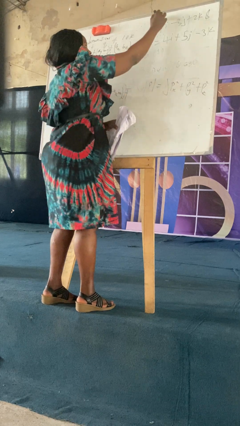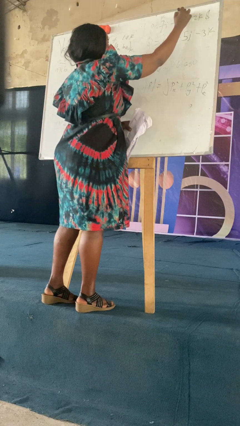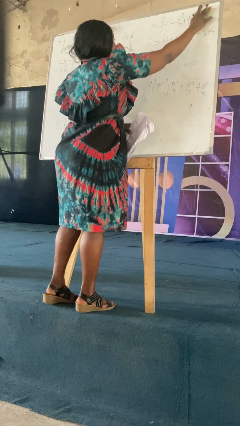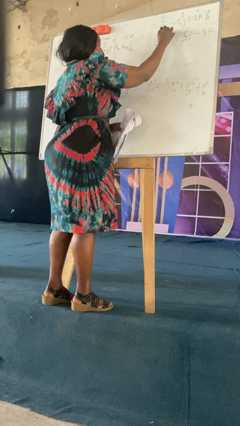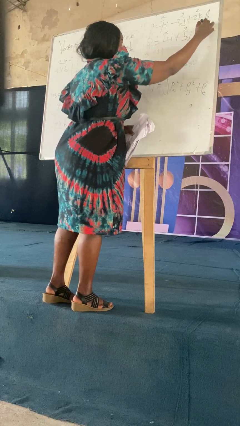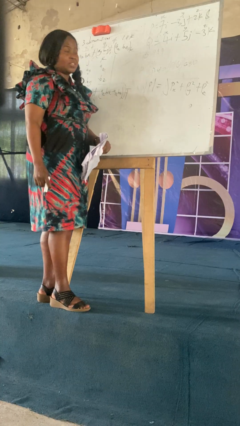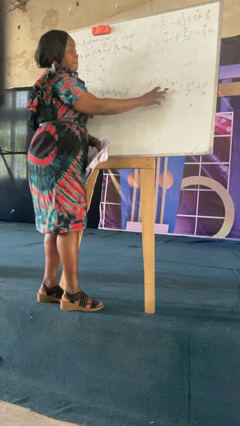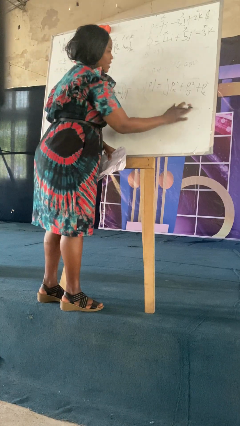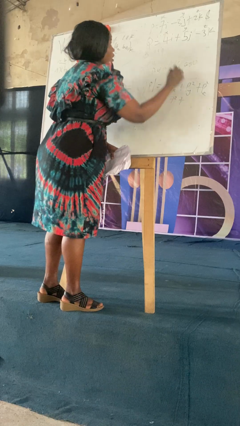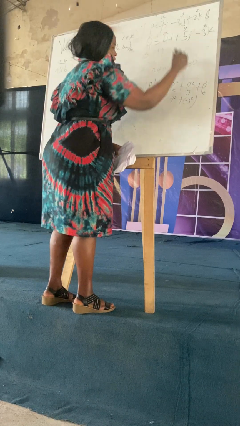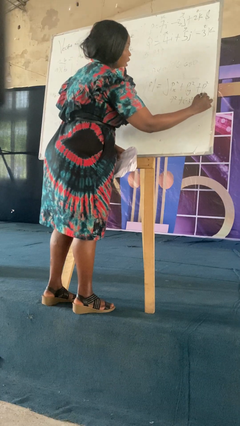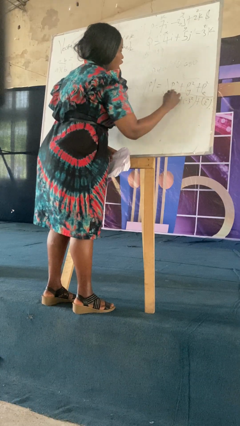This is your X, this is your Y, this is your Z. In order not to forget, you label them like that. Which one is our PX? PX is 7, so 7 squared plus PY, which is minus 3 squared, plus PZ, which is 2 squared, all square root.